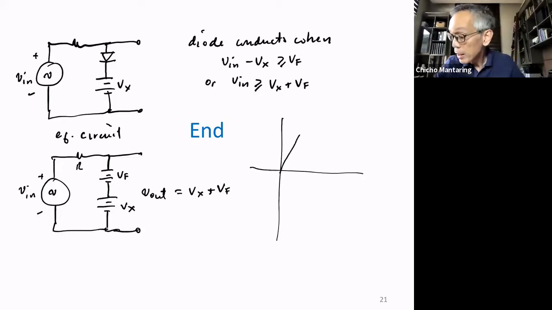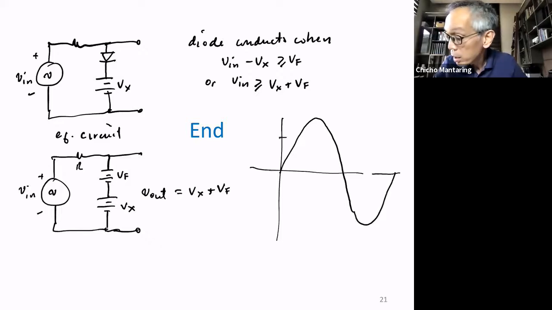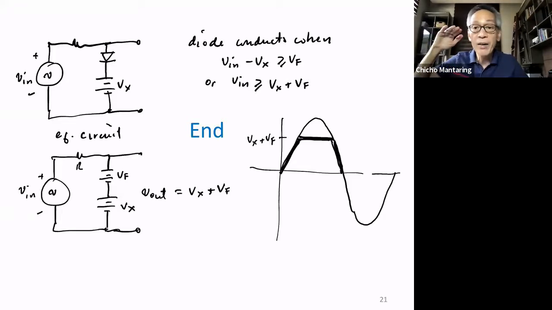So kung ito yung input natin, ito yung V of x plus V of f. Dito siya magkiklip. Diyan siya magkiklip. So madadagdagan yung level at which you make your input clip. Ganon din dun sa negative clipper.